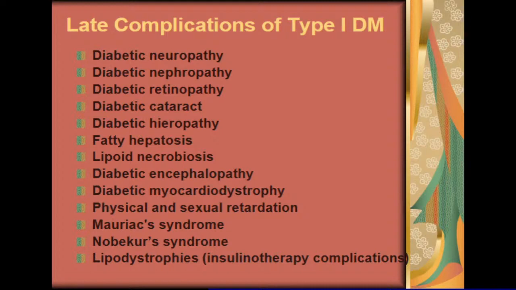There are the following: diabetic neuropathy, diabetic nephropathy, retinopathy, diabetic cataract, diabetic cheiropathy, fatty hepatosis, lipoid necrobiosis, encephalopathy, myocardiodystrophy, physical and sexual retardation, sometimes development of Mauriac and Nobécourt syndrome.